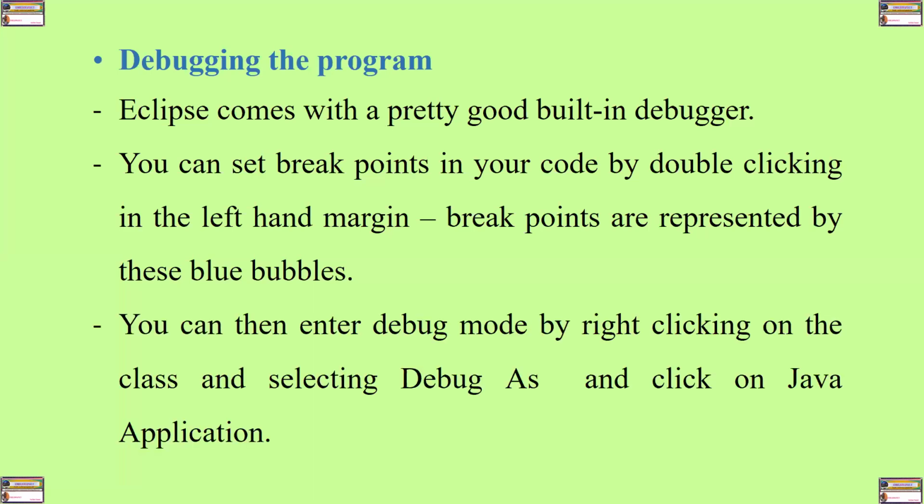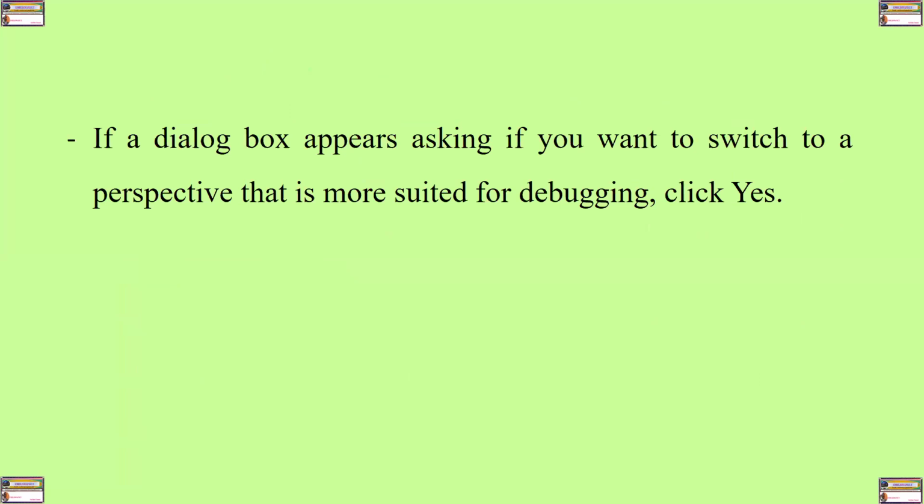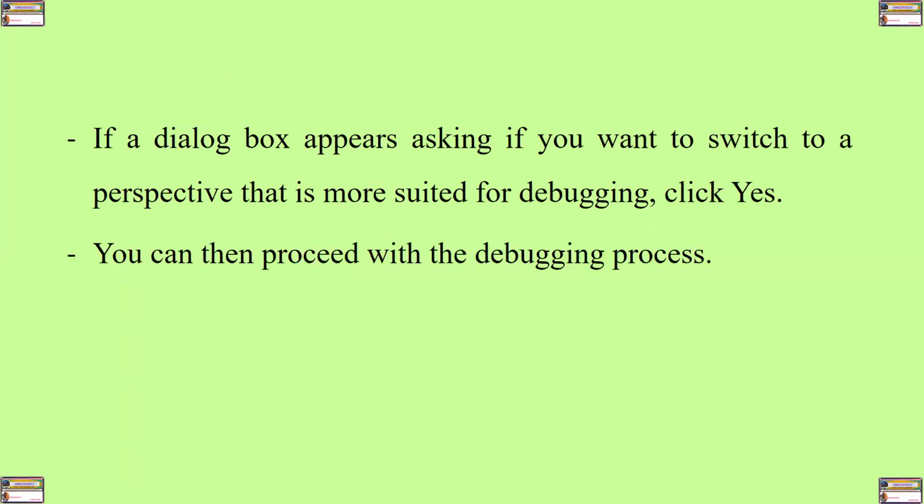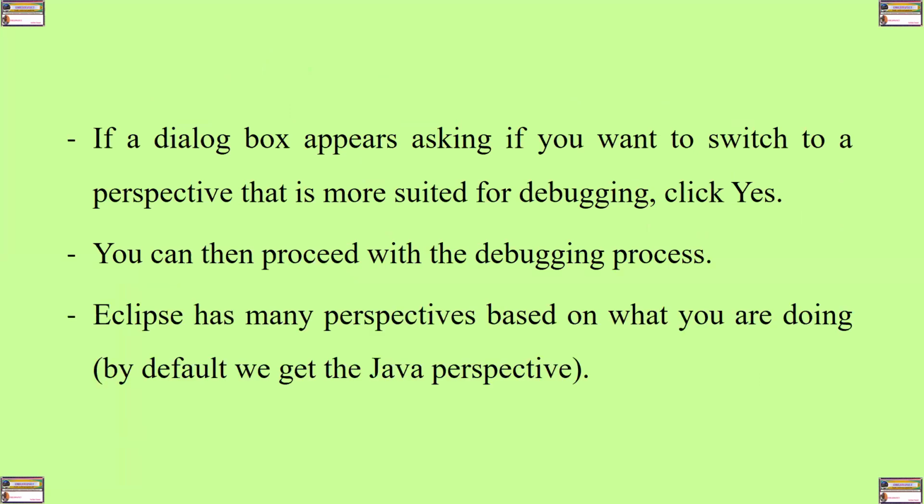You can then enter debug mode by right-clicking on the class and selecting Debug As and clicking on Java Application. If a dialog box appears asking if you want to switch to a perspective that is more suited for debugging, you click on Yes. You can then proceed with the debugging process.